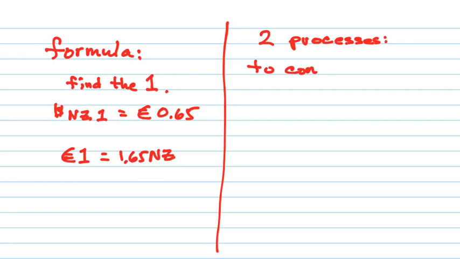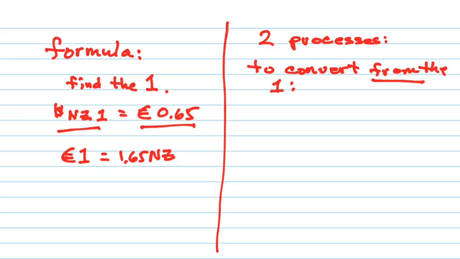So to convert, and I'm going to write this funny, from the one, okay? So in other words, New Zealand dollars to euros, for example, all you're going to do is multiply by the rate. So to convert from, it's multiply.